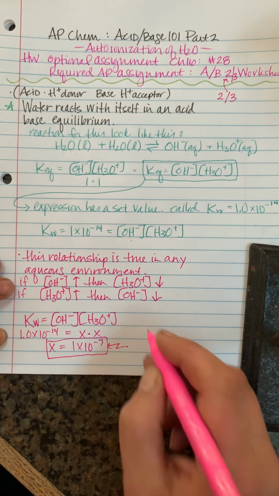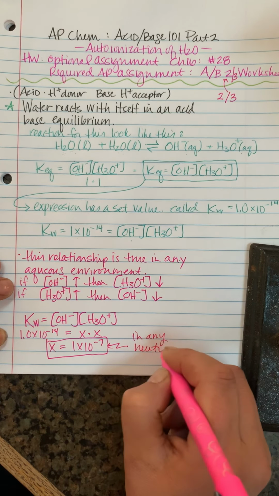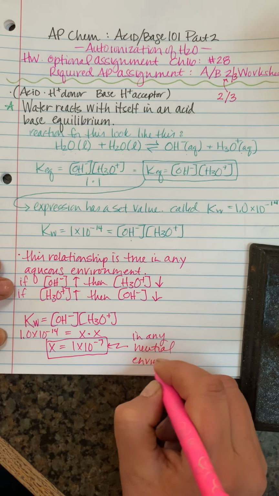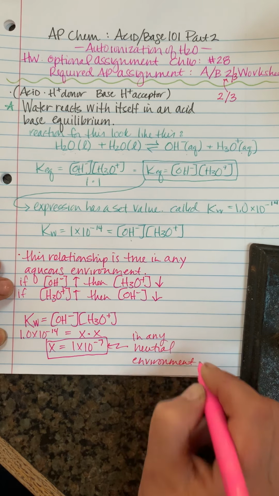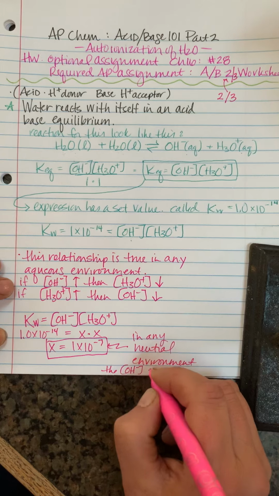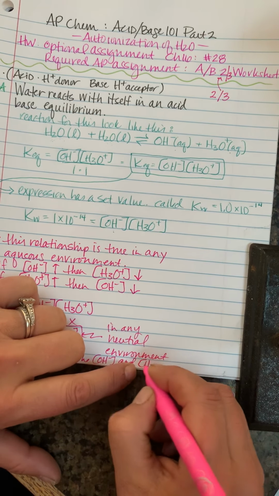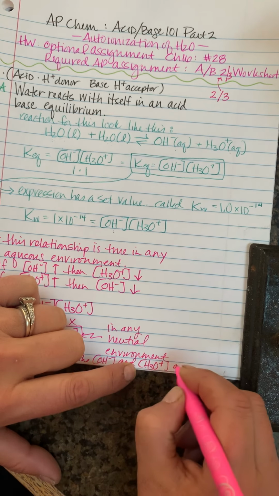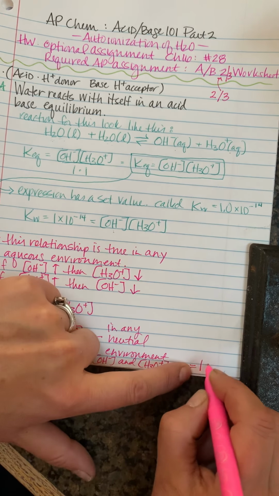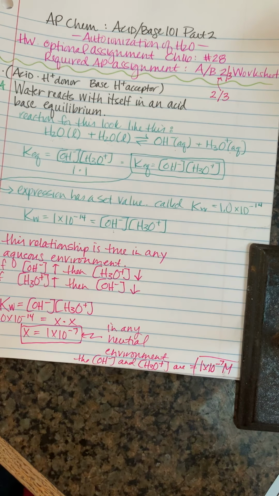So in any neutral environment, the concentration of the hydroxide and the concentration of the H3O plus are equal to 1 times 10 to the minus 7 molar. And we'll get back to more on that here in a few minutes in part 3.